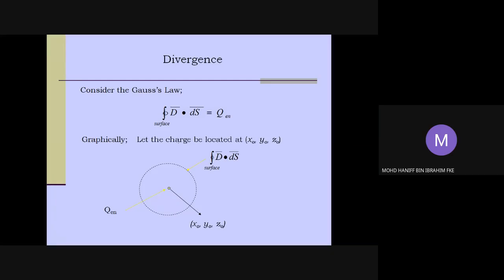Here we have a charge enclosed, and we are having a closed or imaginary surface. So the closed surface integration is D dot dS, and the enclosed charge is given inside the Gaussian surface.